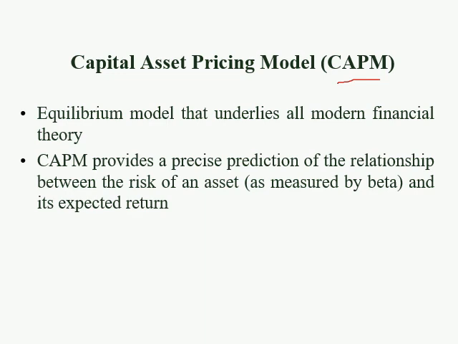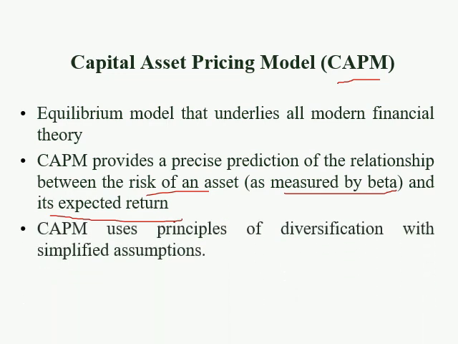CAPM provides a precise prediction of the relationship between the risk of an asset, as measured by beta, and its expected return. That risk is systematic risk, so it is measured by beta. So the expected return of any security is determined based on beta, which is the systematic risk of this security. This is what CAPM is based on.